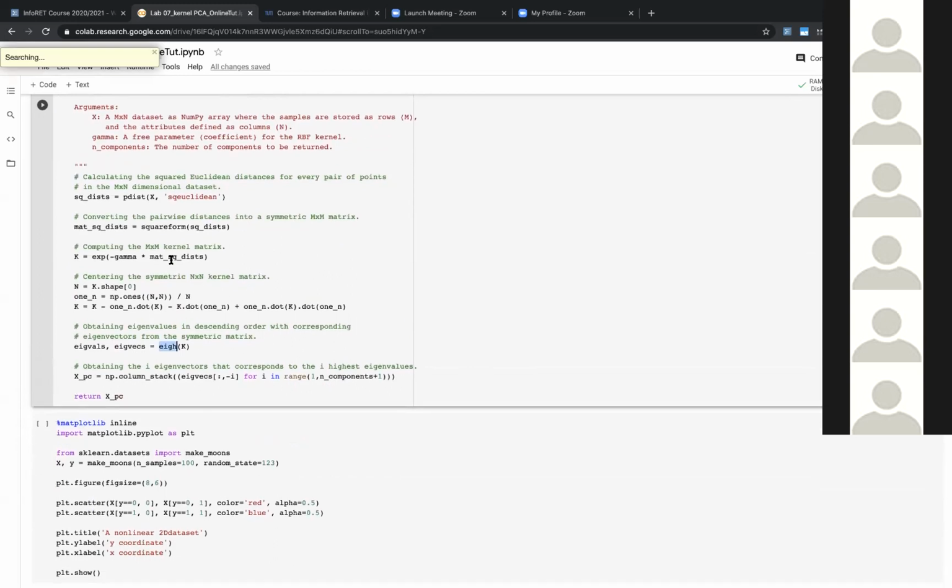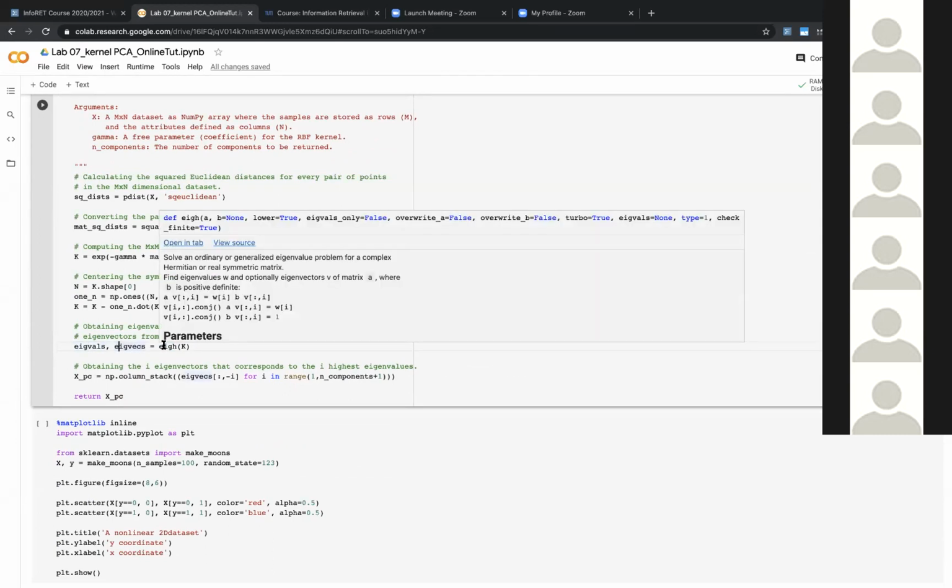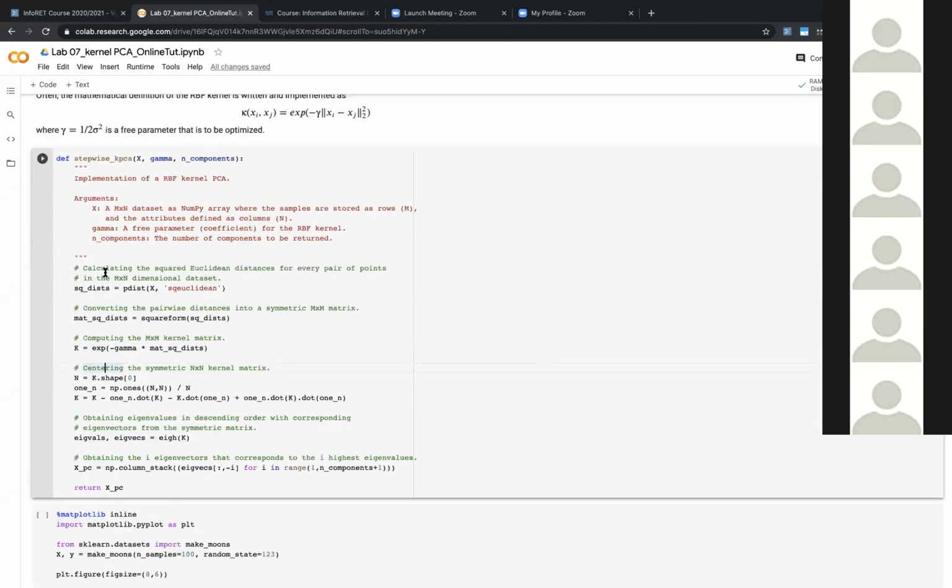The highest eigenvalue is at the first position, sigma 1, followed by a decreasing order of eigenvalues. The function gives two return values, the eigenvalues and the eigenvectors. You can go into help and figure out what other things can be done with it.